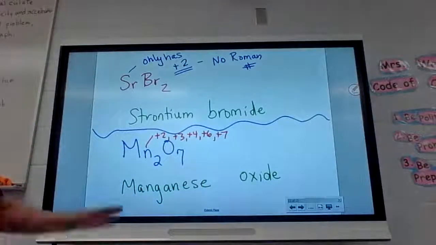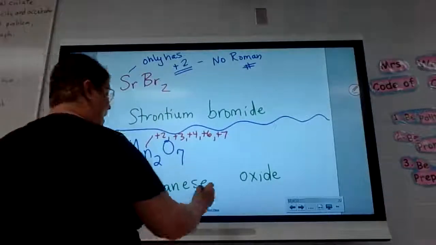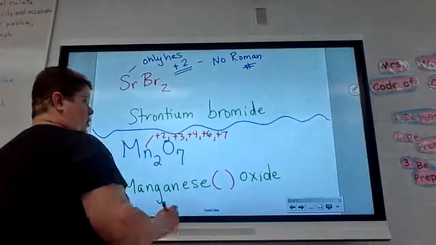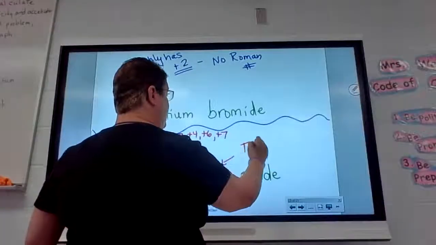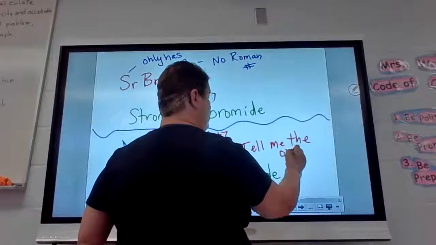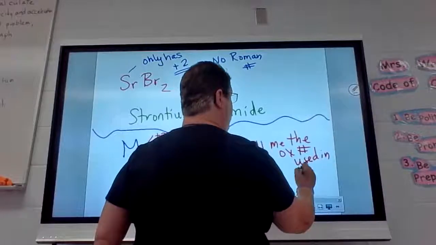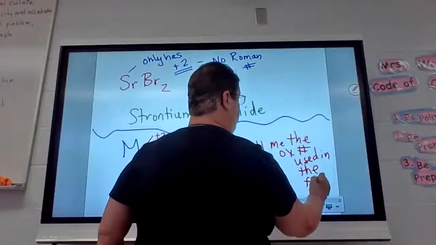Now, that's a whole bunch of numbers listed there, right? So we have to have a Roman number. You have to tell me the oxidation number used in the formula.